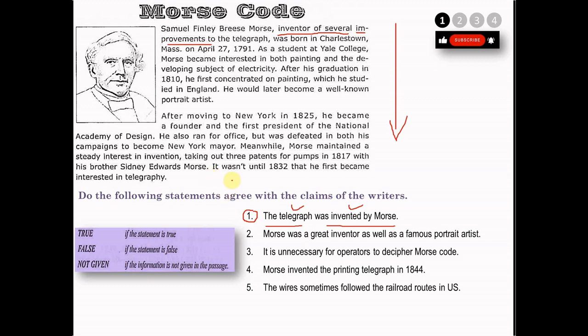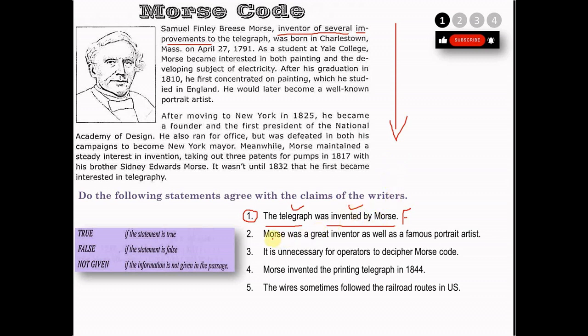He didn't invent the telegraph, he invented the improvement only. So ultimately, the answer for the first question would be false. Could you understand, guys, how I solved it? I applied the question on the passage. I did not apply the passage on the option. I applied the option on the passage and could find out the answer.